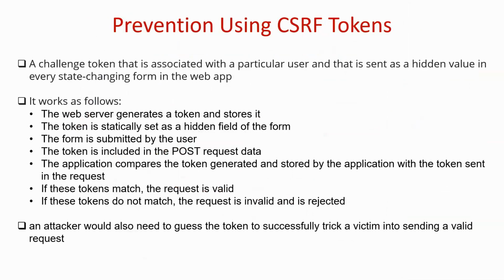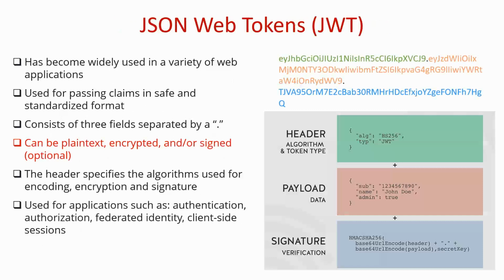So there is a way to prevent CSRF attacks, which is using CSRF tokens. The idea is to have something that is randomly generated just for these dangerous actions, for example, transferring funds or anything like that, and it is sent in a hidden form that the attacker would not see and would not be able to predict in this case.